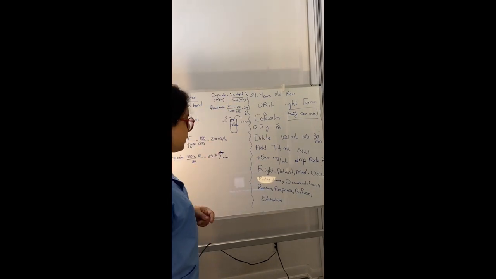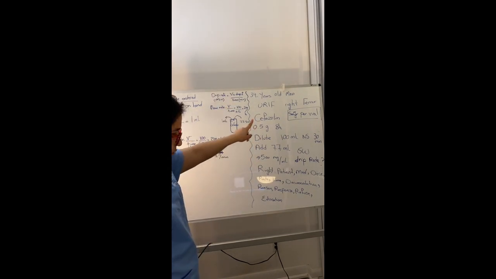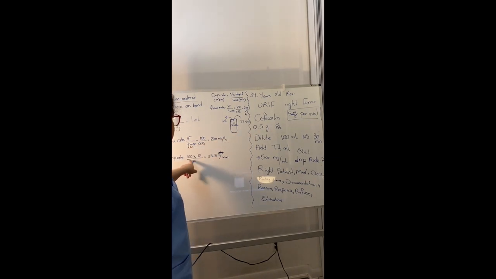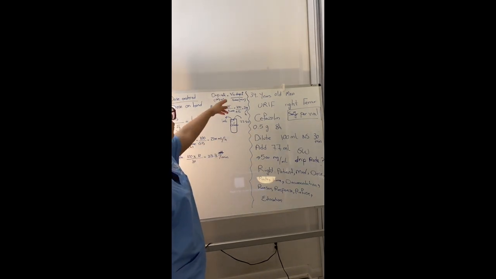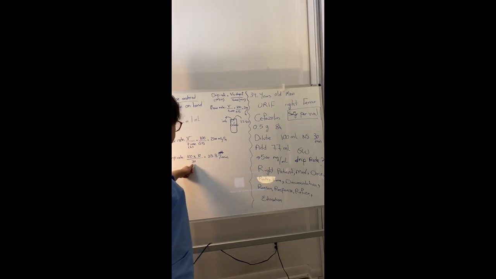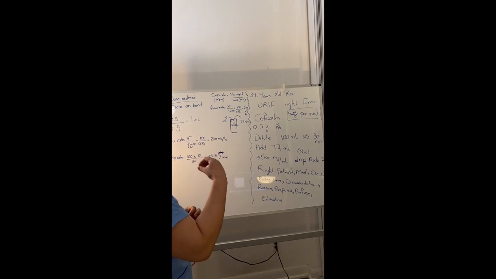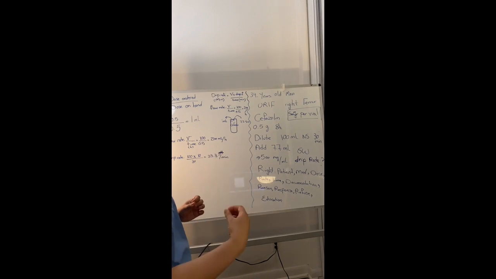The volume is 100 multiplied by the drop factor, which for adult is mentioned on the package as 10, divided by the time, 30 minutes. It's gonna be 33.3 GTT per minute. It means that 33.3 drops per minute should come to administer to the patient.